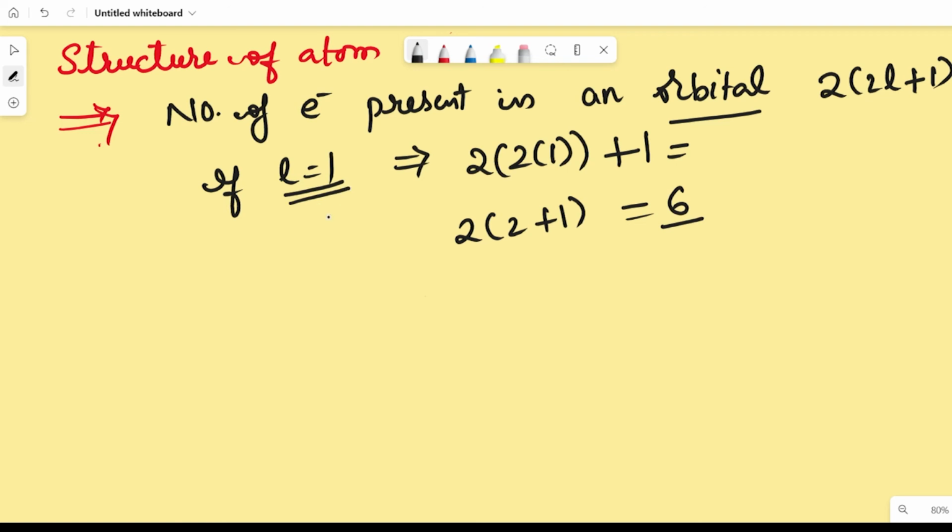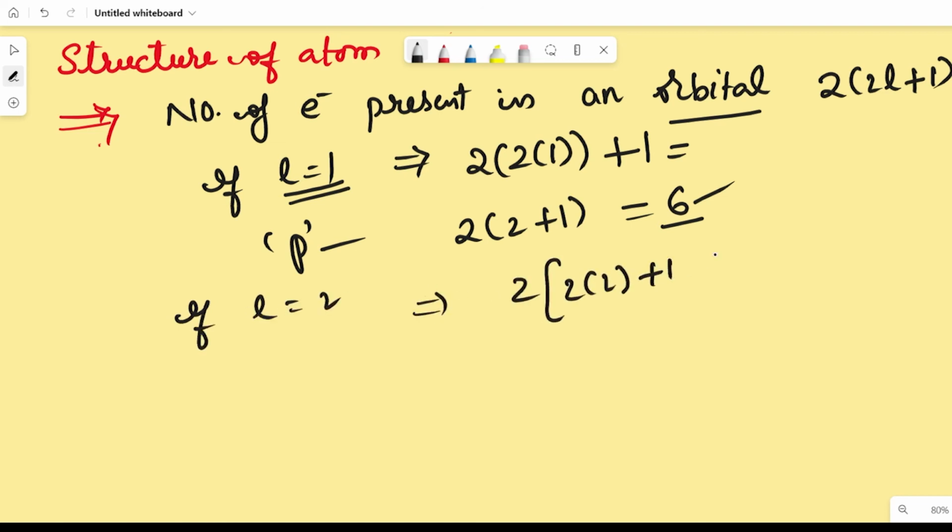So l equal to 1 means the p orbital, and for the p orbital the maximum electrons are 6. If l is equal to 2, then we get 2 into (4 plus 1), which is 2 into 5, so 10 electrons. So l equal to 2 means the d orbital, and in the d orbital the maximum number of electrons is 10.